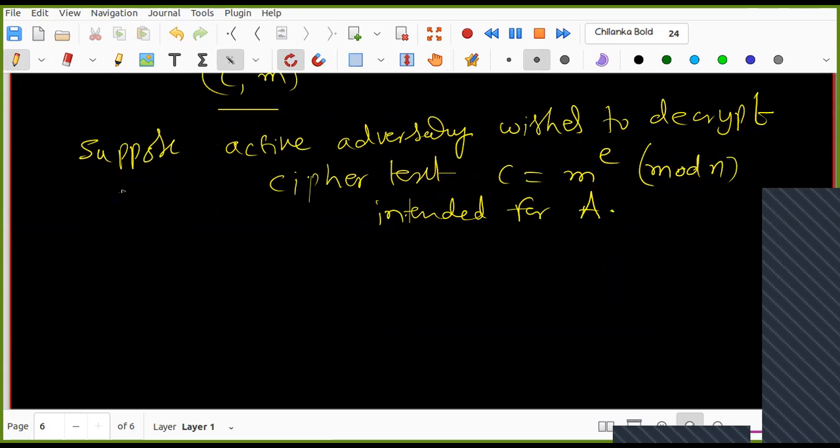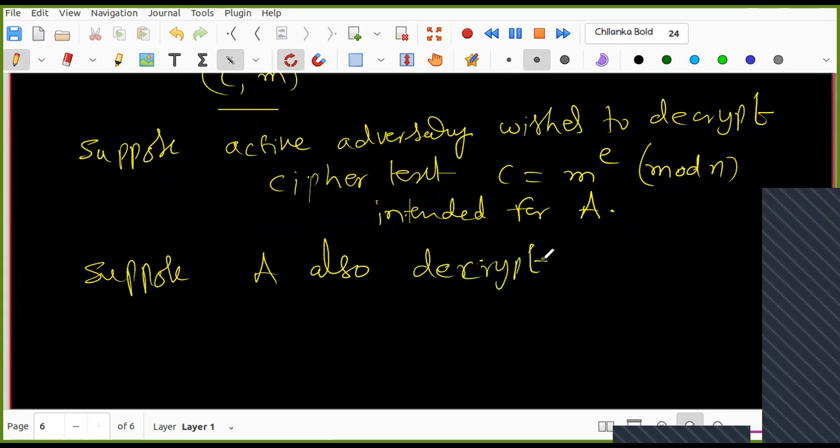But now suppose that A also decrypts arbitrary ciphertext for the adversary, other than C itself.